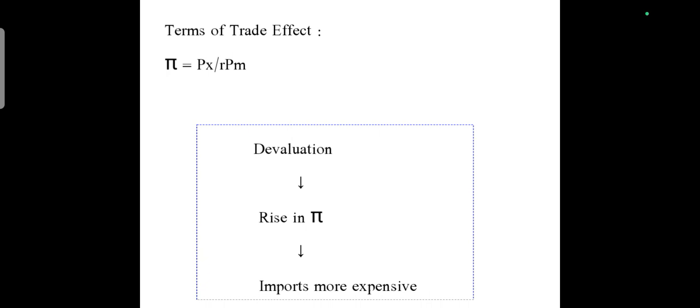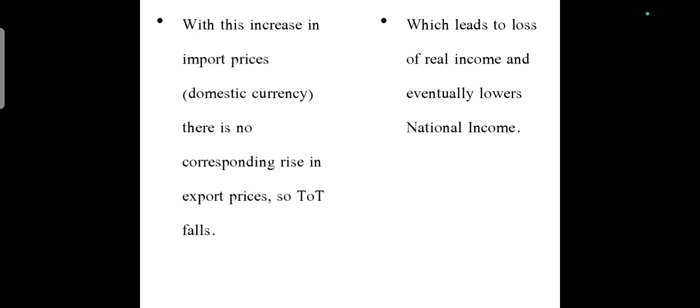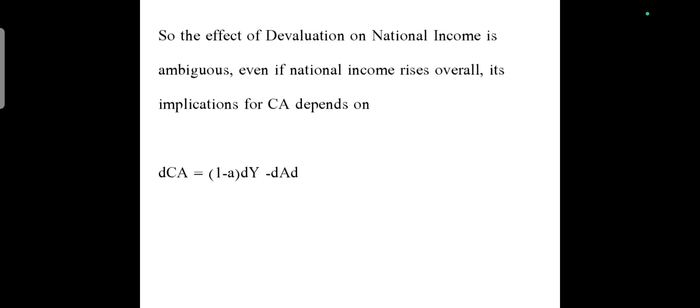So, as devaluation causes a rise in the terms of trade, the imports get more expensive. With this increase in import prices in domestic currency, there is no corresponding rise in export prices, so the terms of trade ultimately falls. This leads to loss of real income and eventually lowers national income.